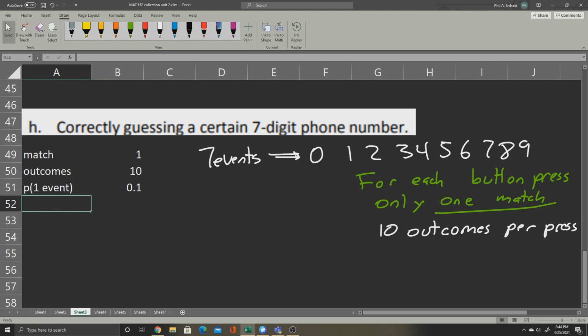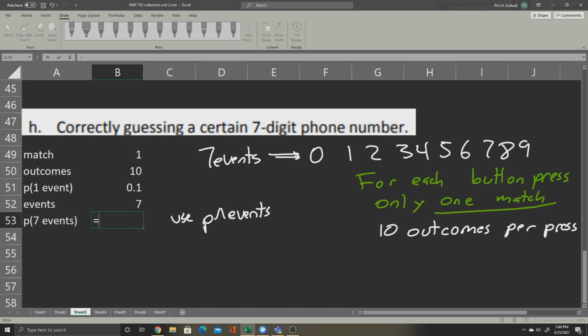We have to get 7 numbers in a row correct to have a correct telephone number. Now, let's take our probability raised to the number of events. So, below the number of events, we'll say probability of having all 7 events match is going to equal the 0.1 raised to the 7th power.